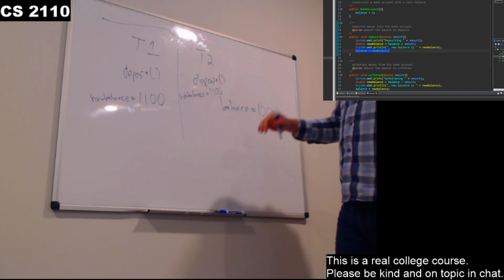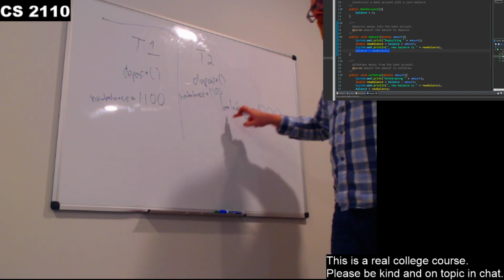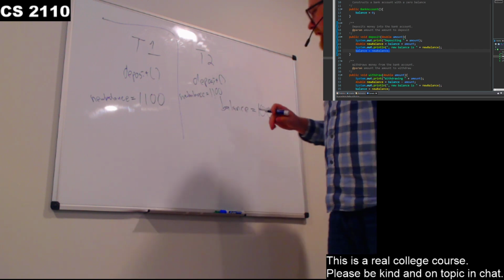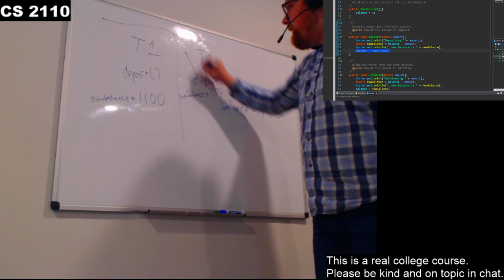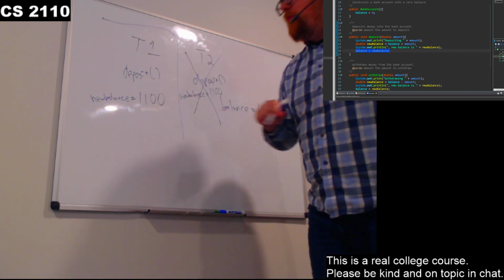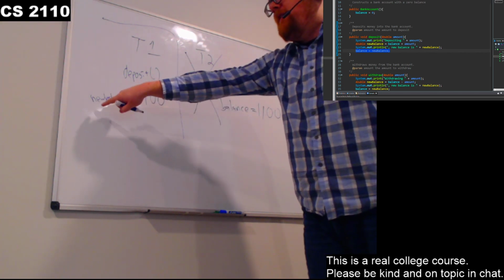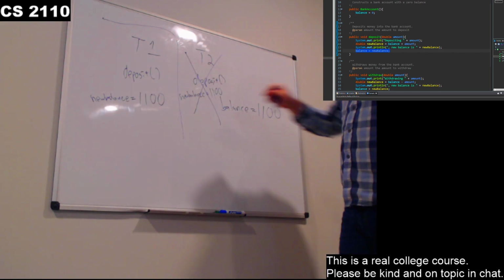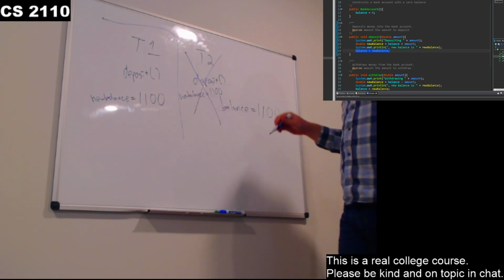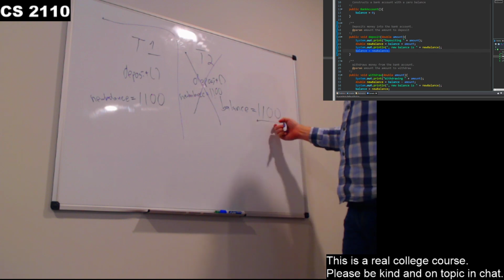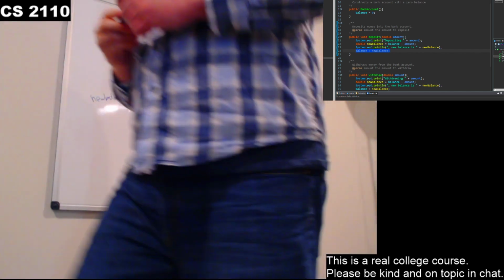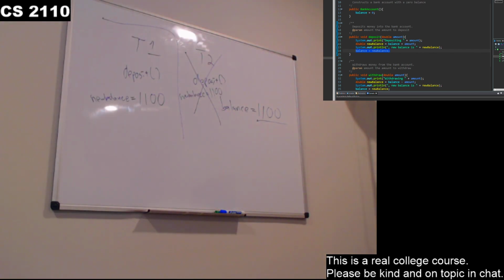Then thread 2 says balance equals new balance, that fourth line of code. So it's going to update balance to be 1100. And this thread is done. And then thread 1 finishes, and it also updates balance to be new balance. But you see new balance is 1100, so it updates that. So we've deposited twice, but we have only changed the balance by one deposit's amount. And that's the problem that we're running into.